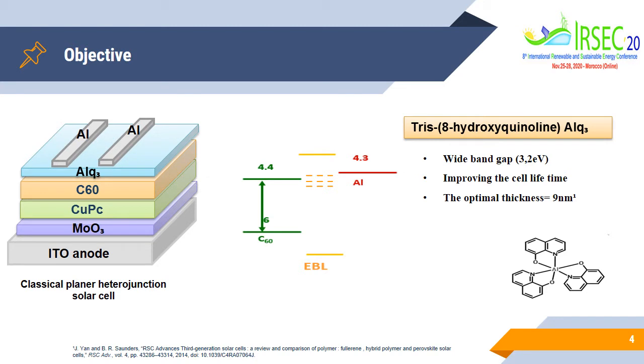Here we have the classical planar heterojunction solar cell. This type of cell consists of two organic semiconductors stacked between two electrodes, one with a high work function, indium tin oxide, and another, aluminum, with a low work function.